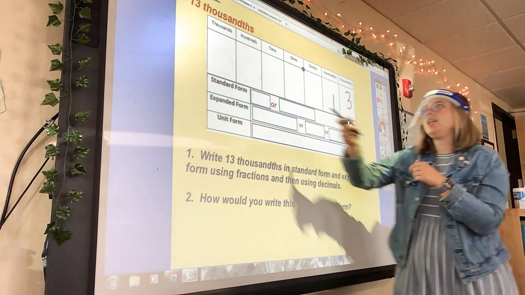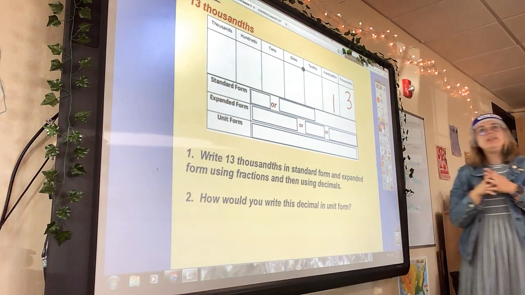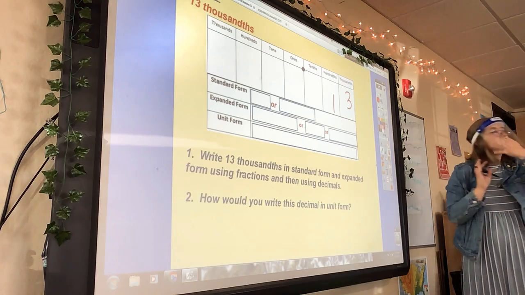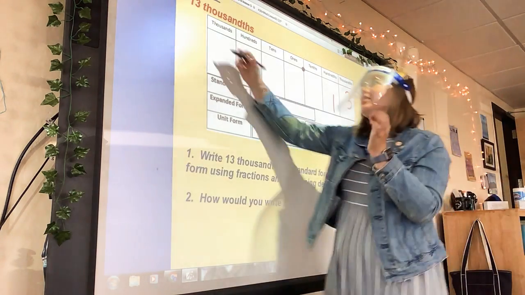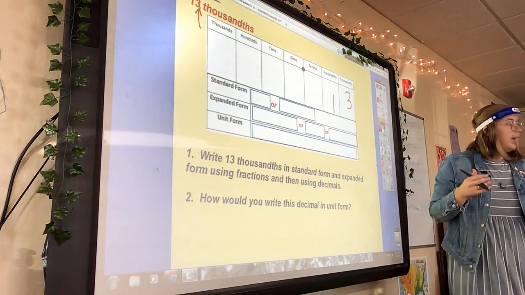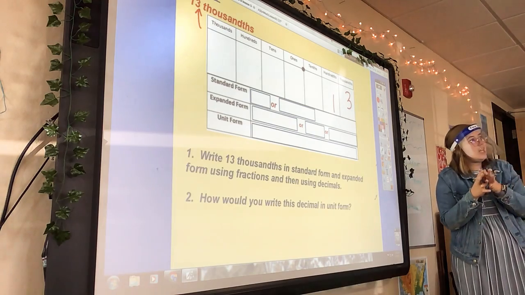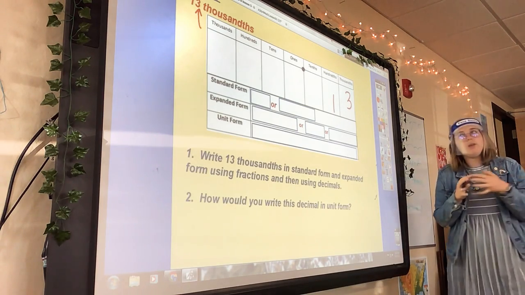So if you ever see a 2-digit number and then 1 place value, just know that you can shift it over, okay? The last digit of that number, this 3, is going to go in that place value that we're talking about. So when you see that, just know that you're going to fill it in from right to left, with the last digit.